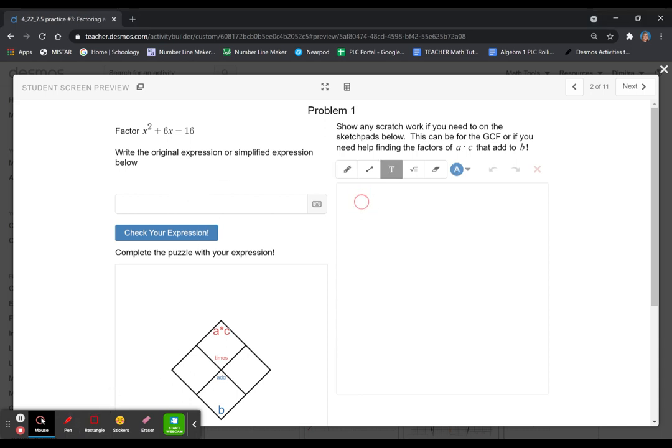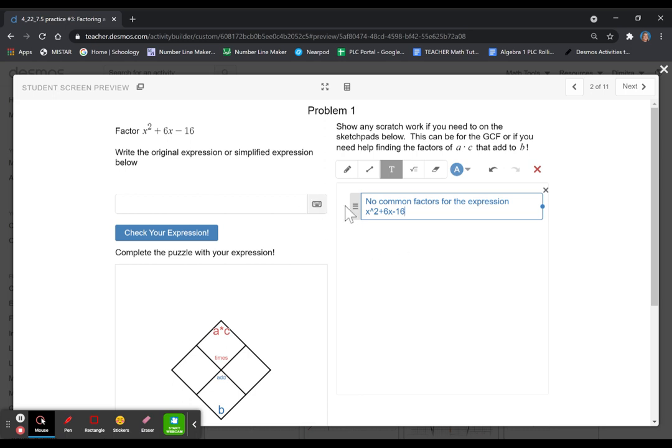So I'm just going to type it here so that we can remember what I said. There are no common factors for the expression x squared plus 6x minus 16.